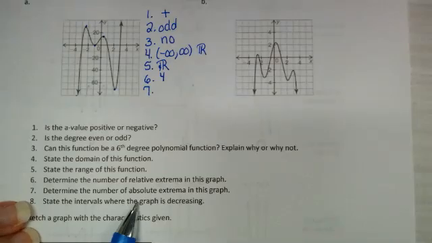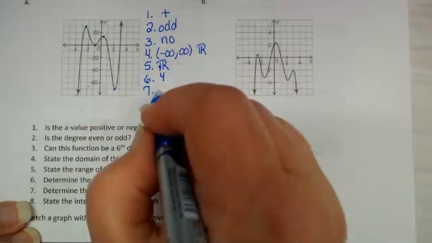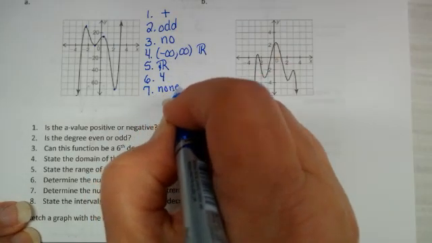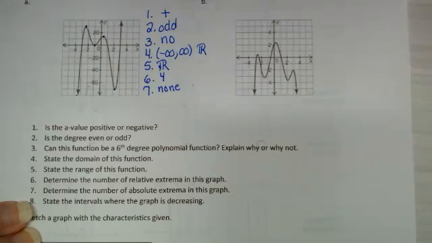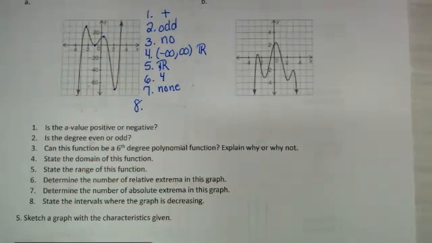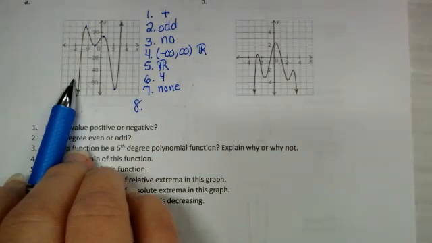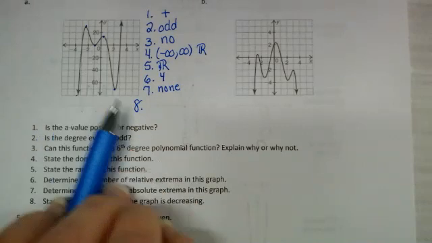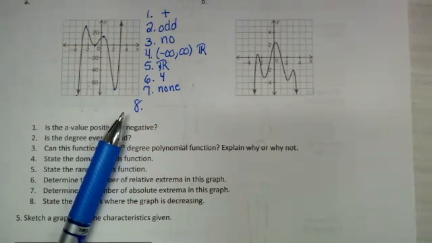Determine the number of absolute extrema. Well, none of them were absolute because an odd function does not have absolute extrema. State the intervals where the graph is decreasing. Alrighty, so if I trace it from left to right, from here to here, grab a highlighter.